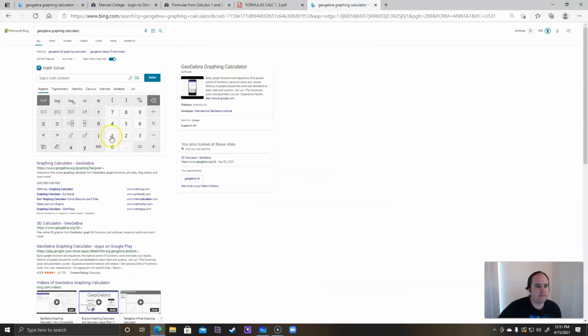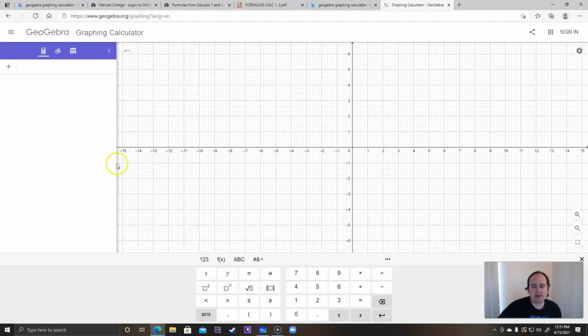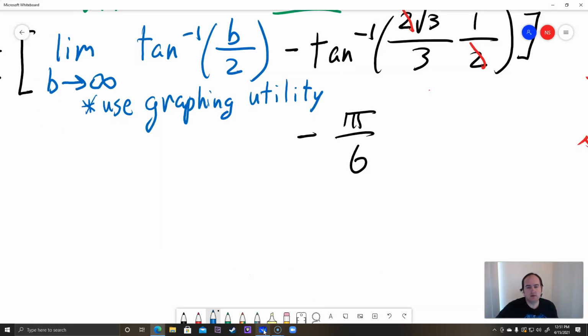And then it's the first link here. I think I might have talked about it in another video. But basically up here in the top left corner, you're going to want to type in your function. So in our case, we're going to be typing in tan inverse of x over 2, because b is really just a variable, so we can write x over 2.